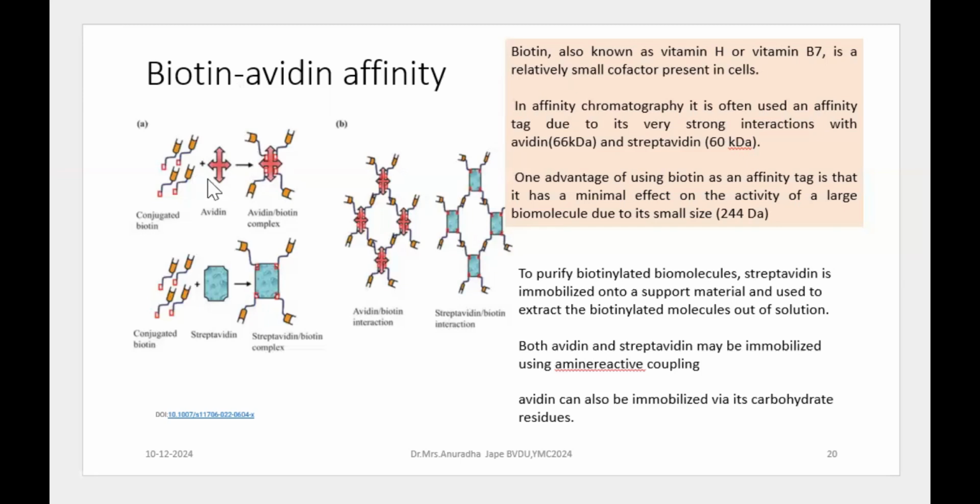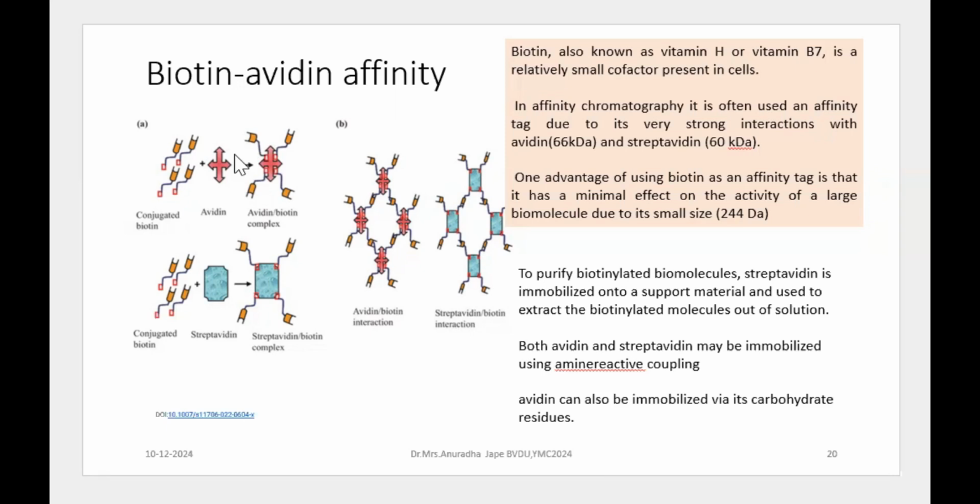And when you add avidin to that, these biotin molecules get attached to the avidin. So what you see, there are four interaction sites, and at each interaction site you get addition of the complementary molecule, right? So what you are going to have, avidin biotin interaction, and such complexes are going to get formed.